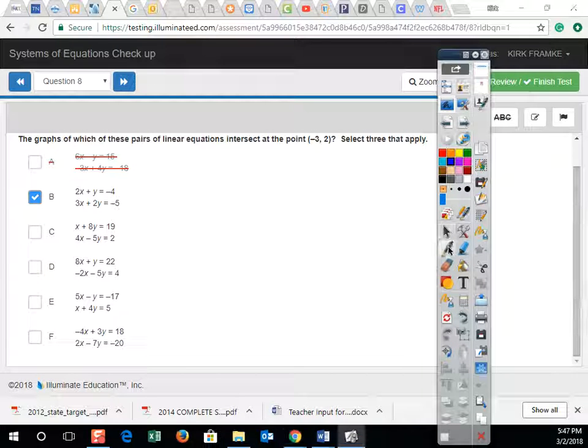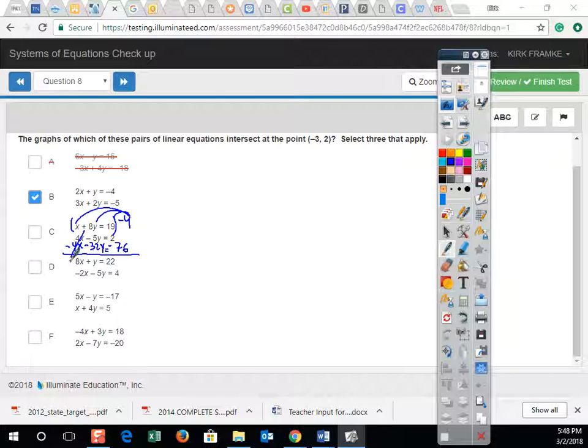Gotta love it. All right, so I'm going to multiply everything here by -4 to eliminate the x's. So I get -4x, -32y. So that's, if that was 20, that'd be 80. 80 minus 4 is 76, so that's -76. And so I will subtract, or sorry, I will add.